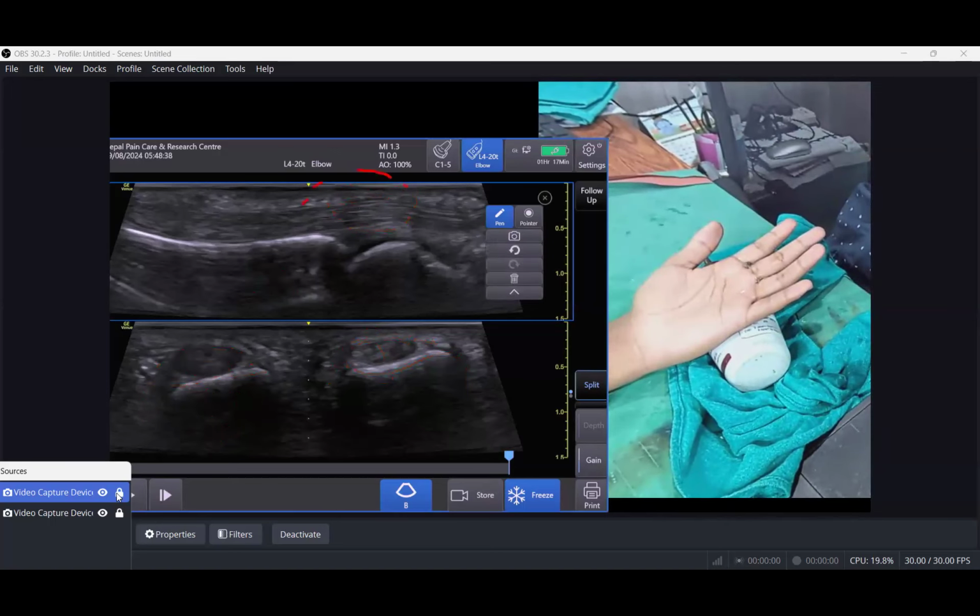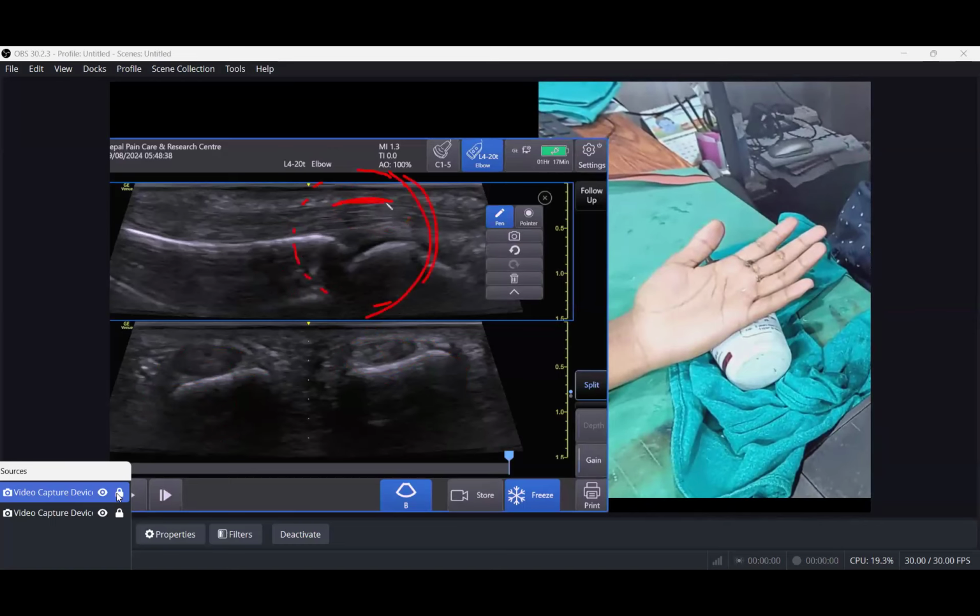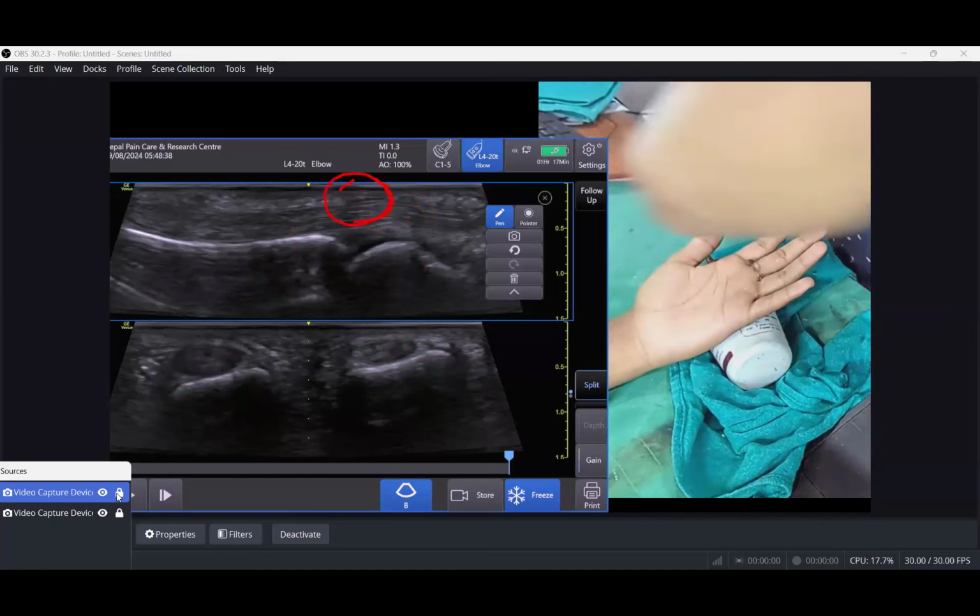If you see it very nicely here, concentrate just over the tendon, where I have marked red, you can see a black line. So this is the A1 pulley in long axis.